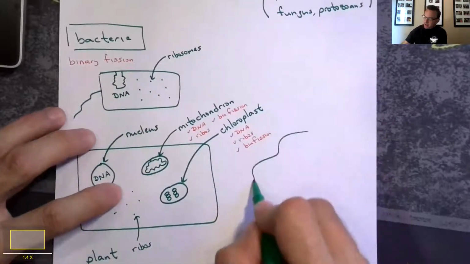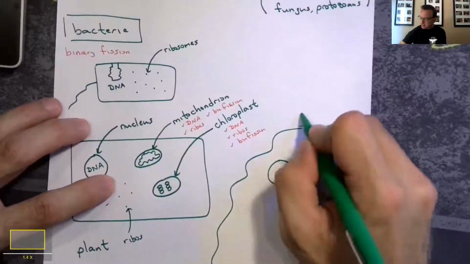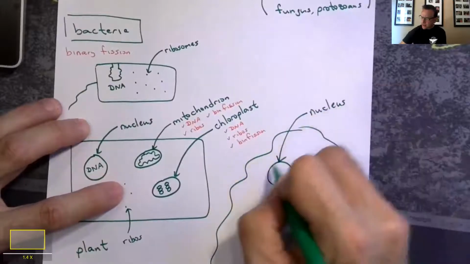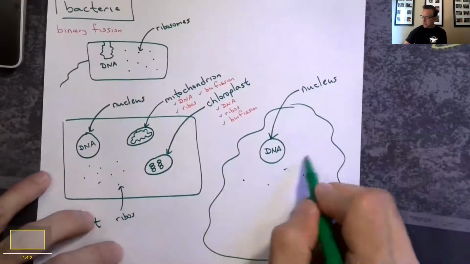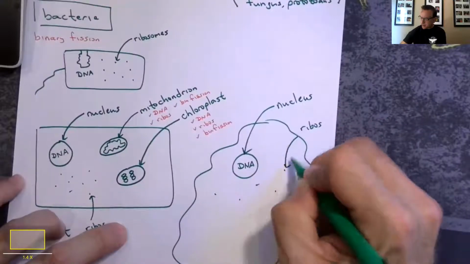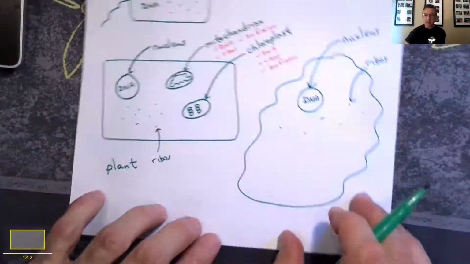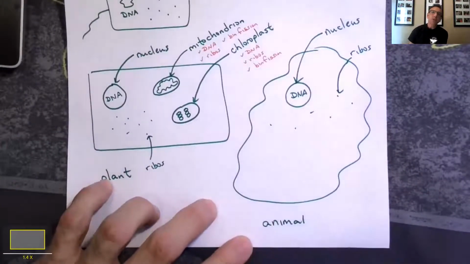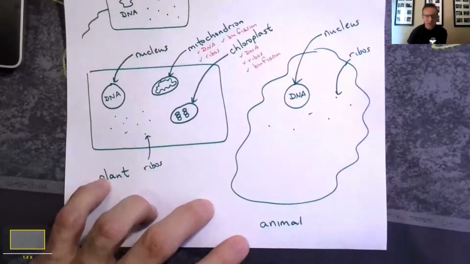And if you look at an animal cell, so here's your animal cell, same idea. It's a eukaryote, so a nice organized nucleus with DNA, okay? Of course, ribosomes, so it can synthesize proteins. Now, of course, since this is an animal cell, there's no chloroplasts. We don't have the ability to photosynthesize. I wish, wouldn't that be cool, right?